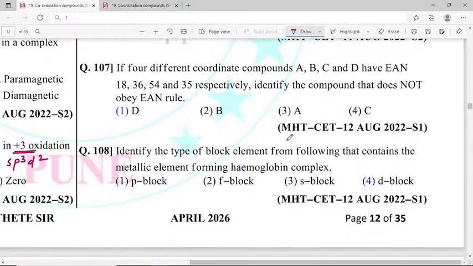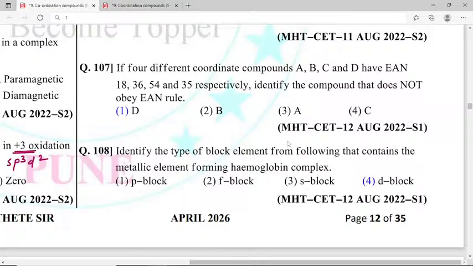If the 4 different coordination compounds A, B, C, D have effective atomic number 18, 36, 54, 35, identify the compound that does not obey effective atomic number. So these are the atomic numbers for argon, helium, neon, argon. This is krypton.